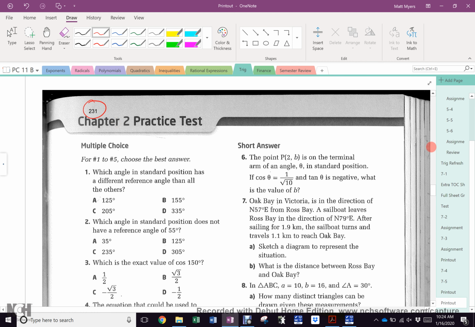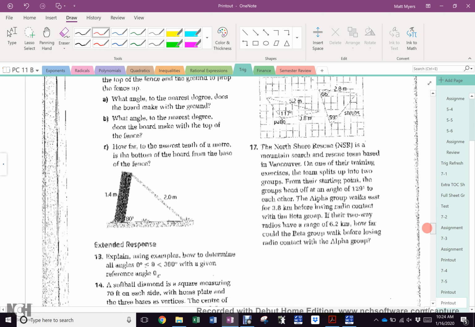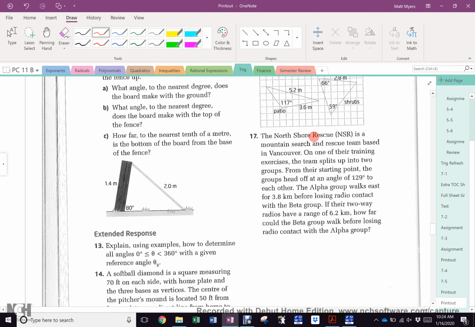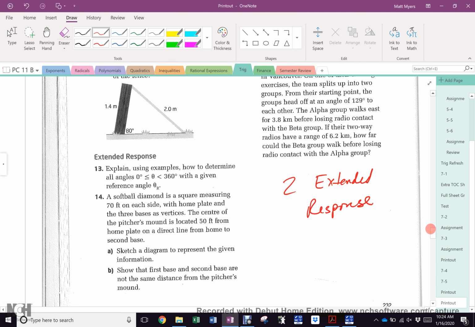Okay, I will cut you a deal though. You only have to do 2 of the extended responses. All right? Now, to be fair, you'll be writing the test Monday, so I will go over the test reminders tomorrow.